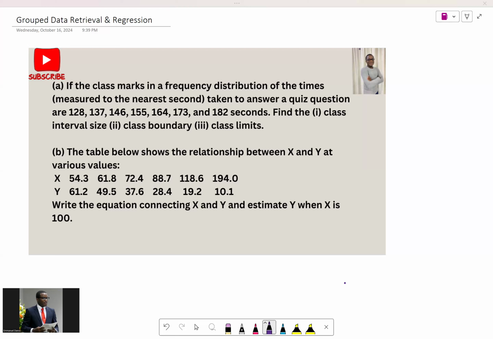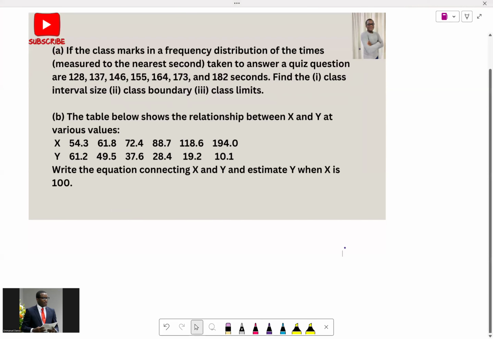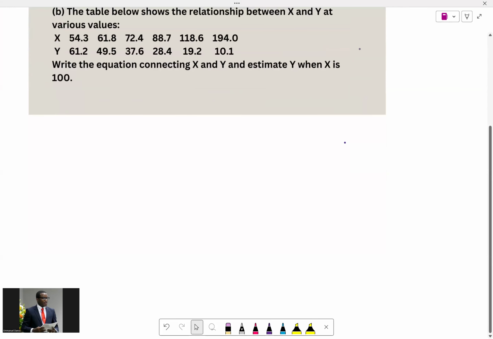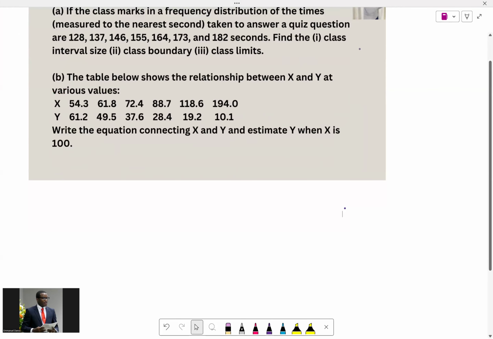And let's go for it. The first question is that if the class marks in a frequency distribution of times measured, so we have class marks. So that's A now.